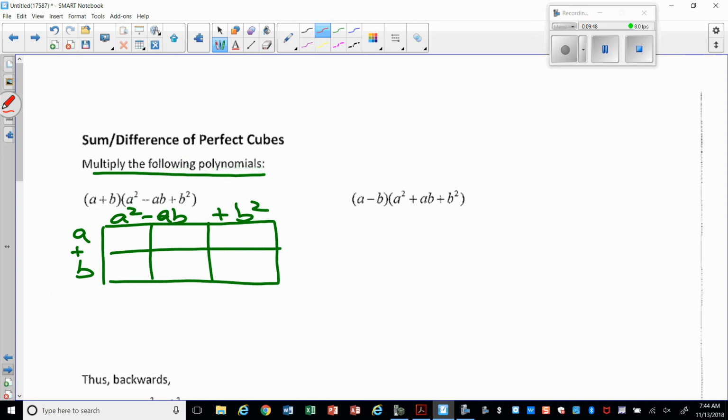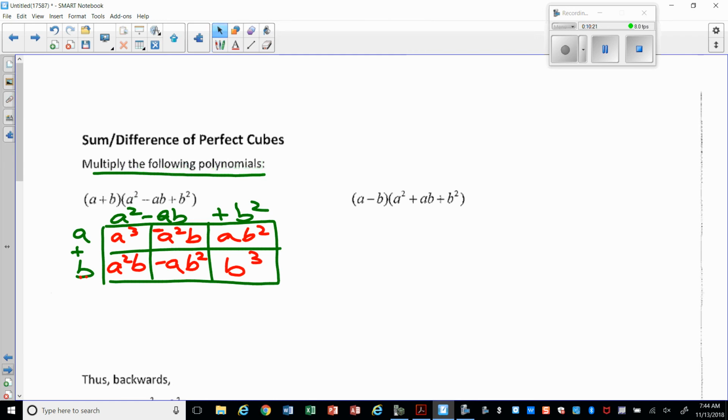So a times a squared is a cubed, and then a times negative ab would be a minus a squared b, and then a times b squared would be ab squared. Then if I do b times a squared, that would be a squared b, and then b times negative ab would be a minus ab squared, and then I've got b to the third power here.